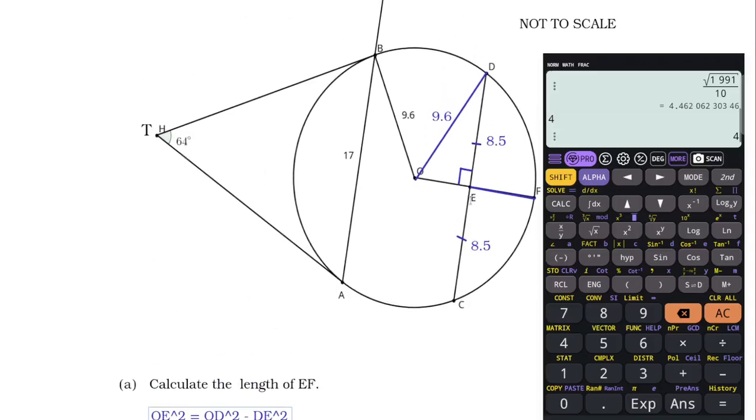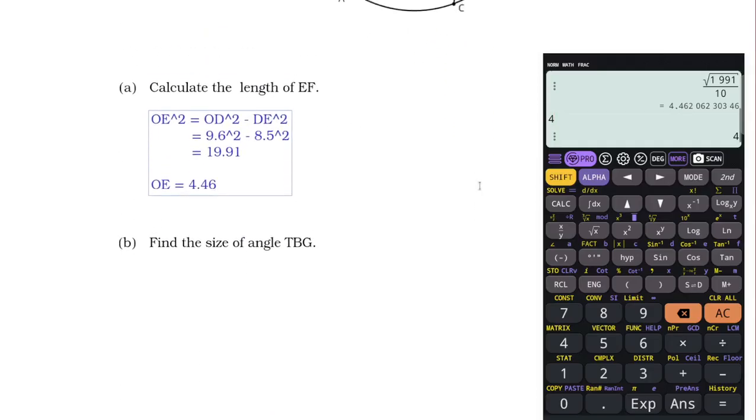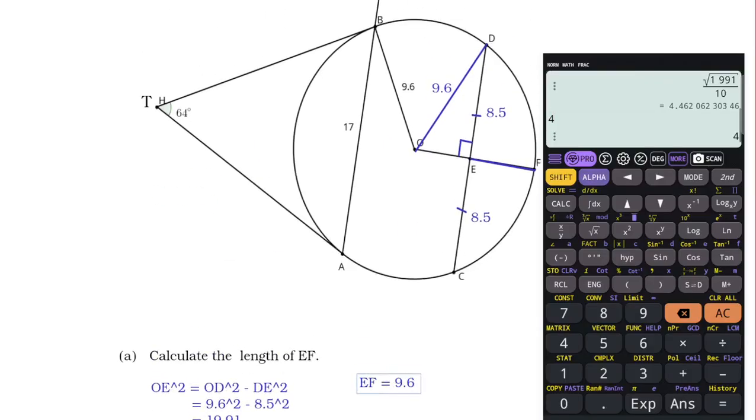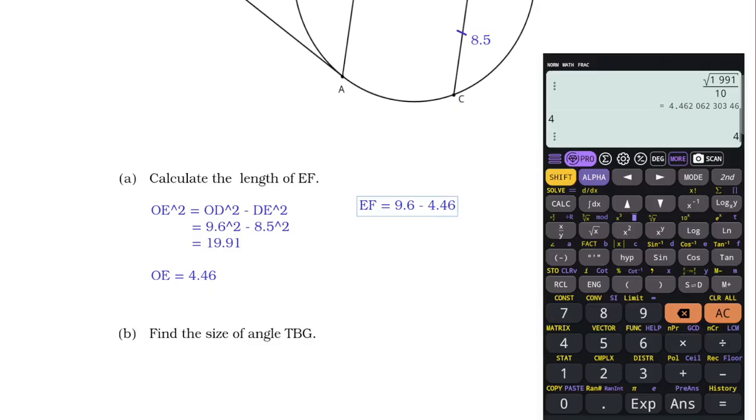Now from there, what is the required EF? EF is equal to the radius, which is 9.6, minus OE, which is 4.46.